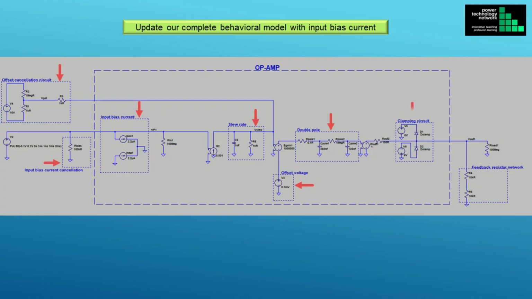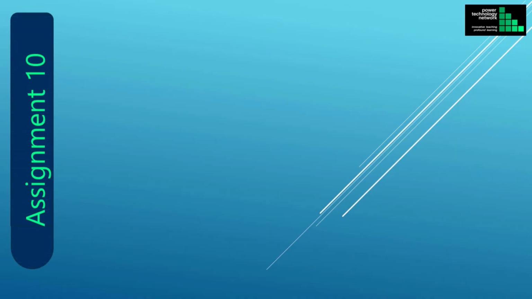The clamping circuit at the output of the op-amp, and finally, the feedback resistor network that we use when we have closed-loop feedback. And that is what our op-amp model looks like so far, with input bias current, offset voltage, finite bandwidth and output voltage clamping.